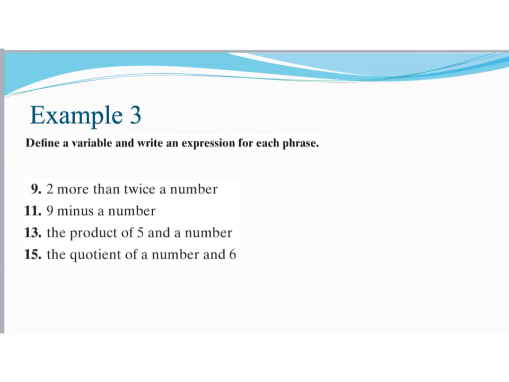So for number 9, it says 2 more, so this indicates addition, than twice a number. Well, twice a number is multiplication. So this is going to become 2 plus, we'll say 2x. So I have 2 more, so 2 more than twice some number.